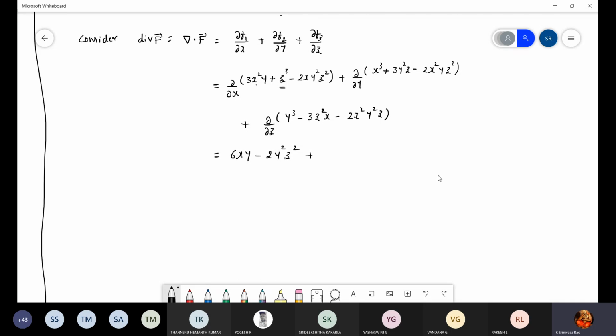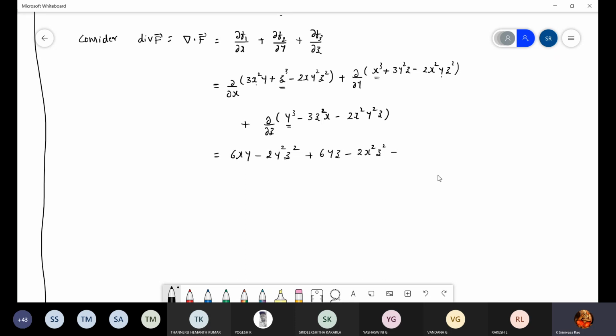Now with respect to y, here x cube is 0, 6yz, minus minus 2x square z square, very good. y differentiation is 1. Now with respect to z, y cube differentiation is 0. Here negative is there, so this comes minus.